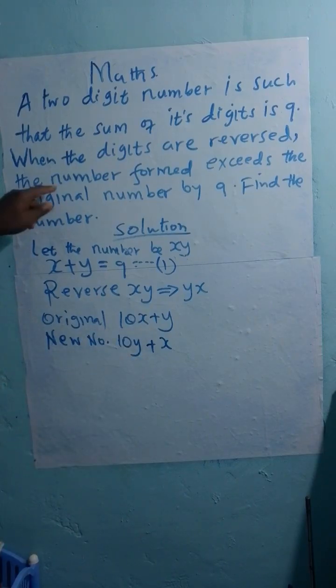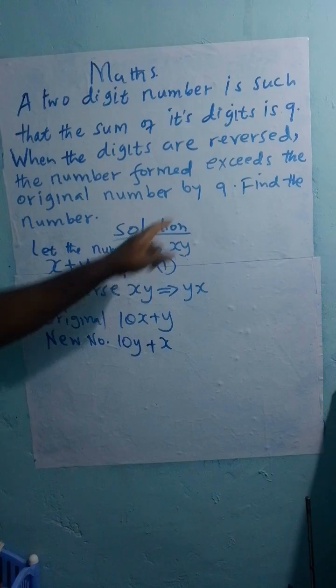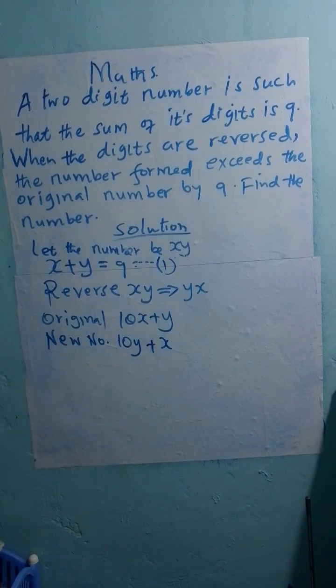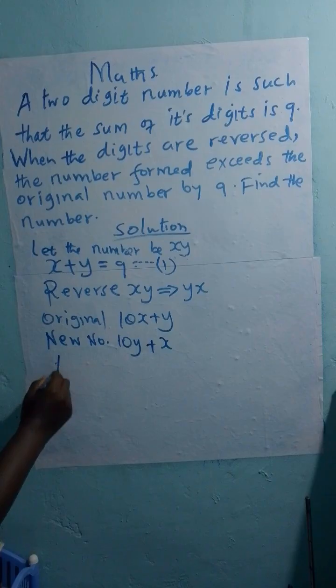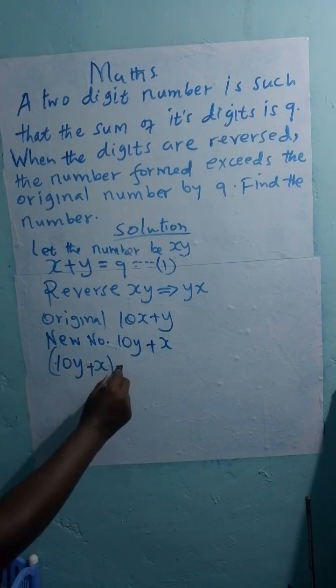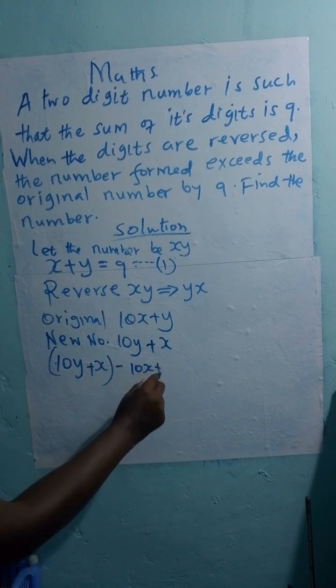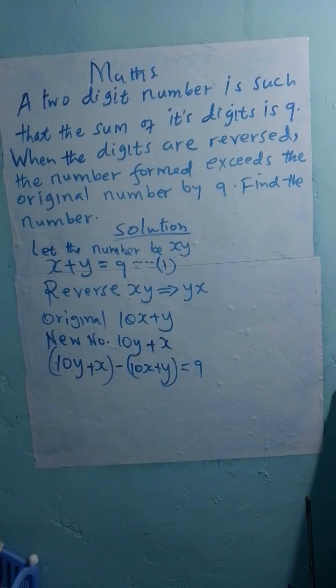But we are told that the new number, the number formed, exceeds. It means that the new number is bigger than this one. The difference is 9. It means that 10y plus x, when you subtract 10x plus y, the answer is 9. Right?